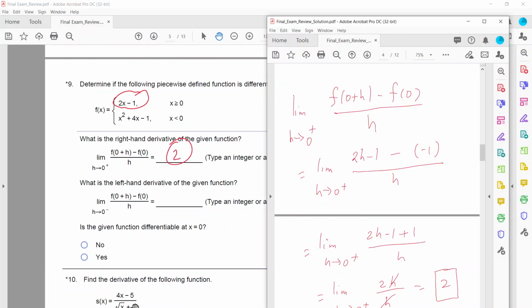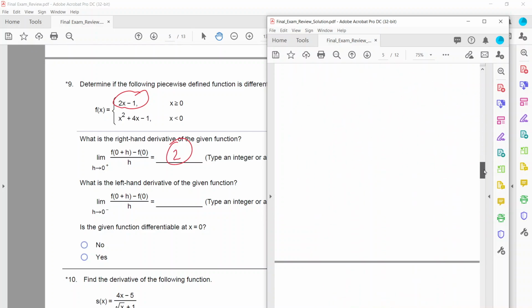But when you try to find the left hand limit by doing the same thing, when h approaches 0 from the left side, the value of the function comes from this one, x squared plus 4x minus 1. As you can see, this is for the left side. So the limit when h approaches 0 from the left side of f of h minus f of 0 over h.